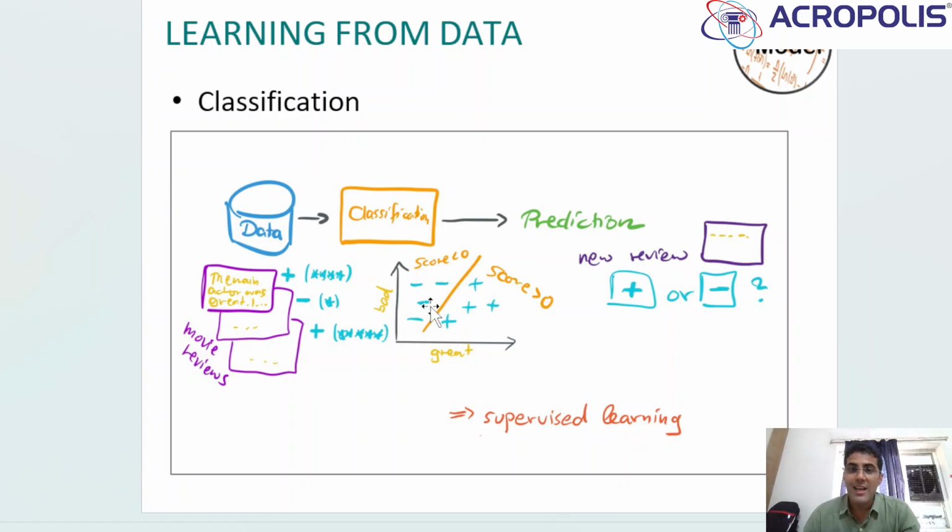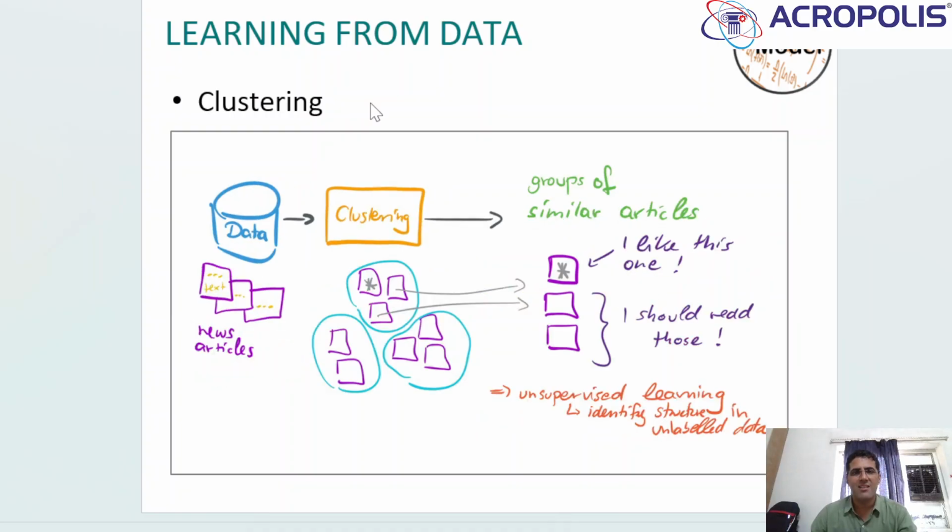If the score of that particular review is greater than 5, it may be considered a positive review, and if it is less than 5, then it is a bad review. So our algorithm helps in predicting whether a review belongs to the positive or the negative class, right? This is also using supervised learning algorithms.